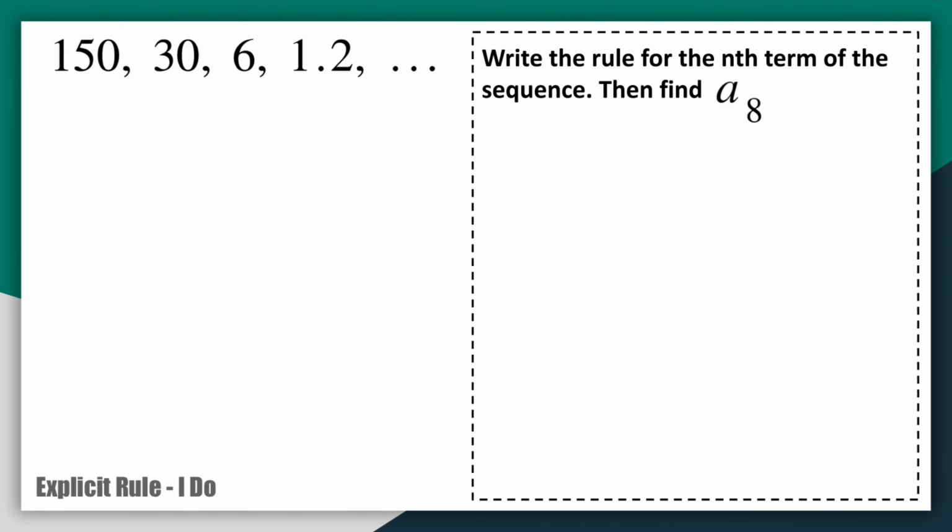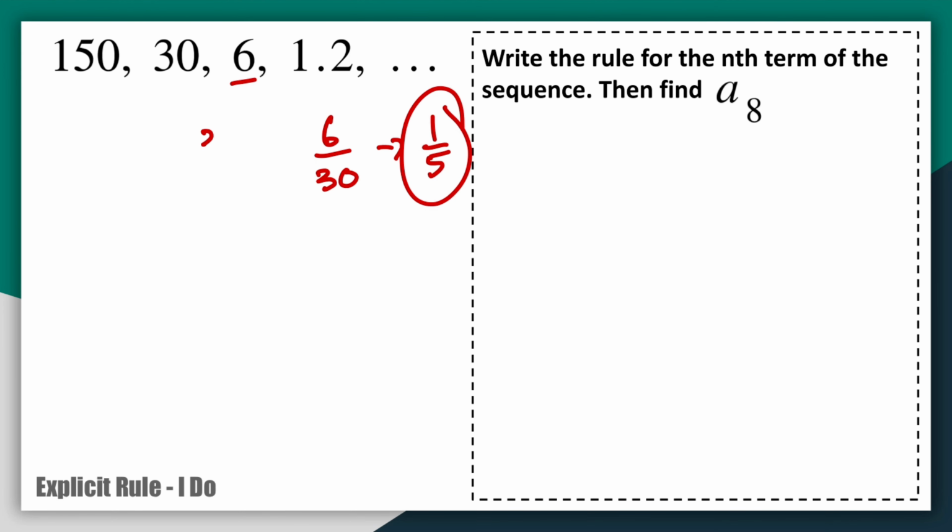Maybe you can think about that off the bat. Maybe you can't. Pick a term, preferably one of the smaller numbers, and divide it by its previous term, okay? And you'll have the common ratio. So I'm going to take 6 and divide it by the previous term, which is 30. If I simplify that, 6 over 30 is going to simplify to 1 over 5. And that happens to be what I'm multiplying.